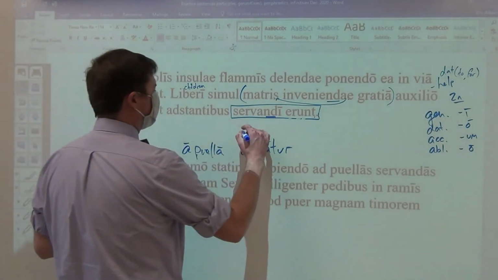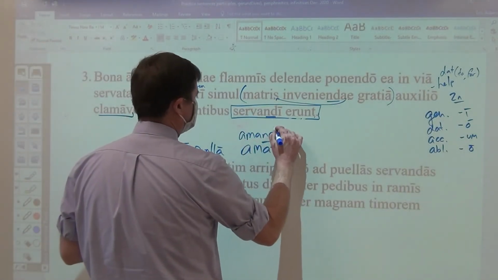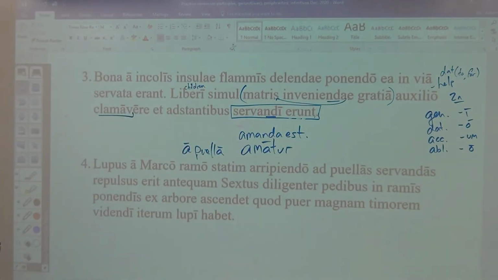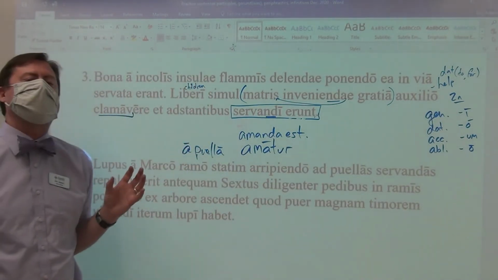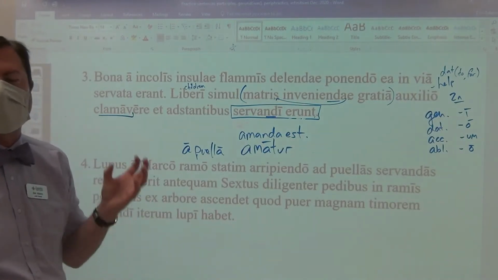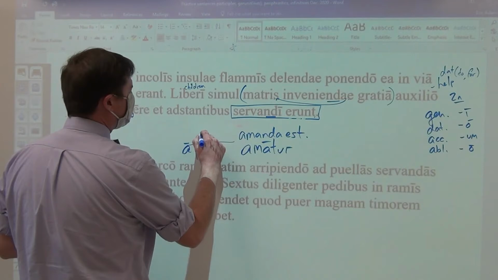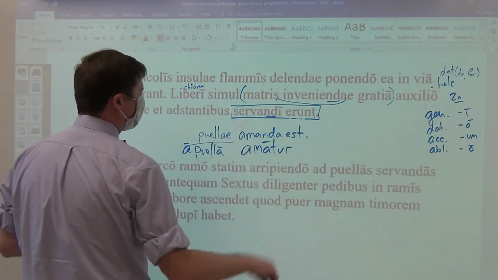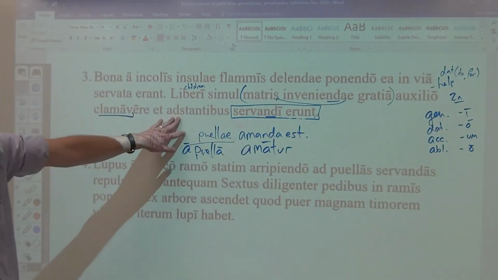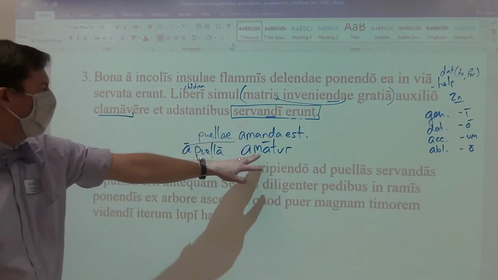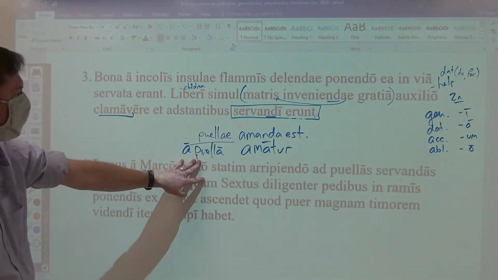But if I were to have a future passive periphrastic, it will have a dative of agent, which means that here it would just be puellae as the dative form. Likewise here, ad statibus is your dative of agent. He is loved by the girl.